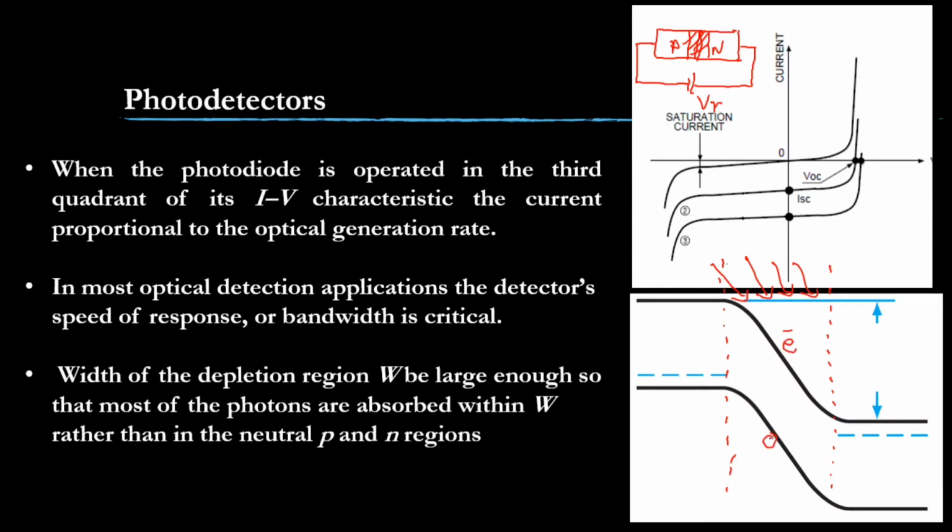Since there is a strong electric field in the depletion region, the electron will transport towards the N type region and the hole will transport towards the P type region. As more photons are falling on the device, the current will increase.